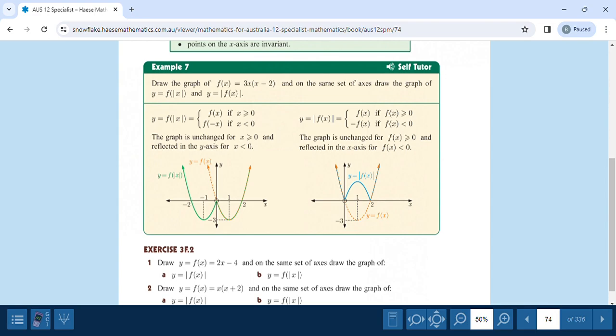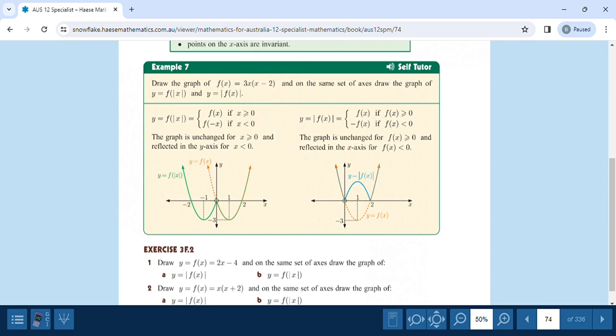And on the right hand side, the modulus of the whole of f of x. So instead of the modulus of the x term, you're looking at the modulus of the y term. Anything that's negative y in the original quadratic will be made positive, and that's why you get that hump above the x-axis. The bit under the x-axis is reflected in the x-axis, and the rest of the graph stays the same because it was positive to start with.